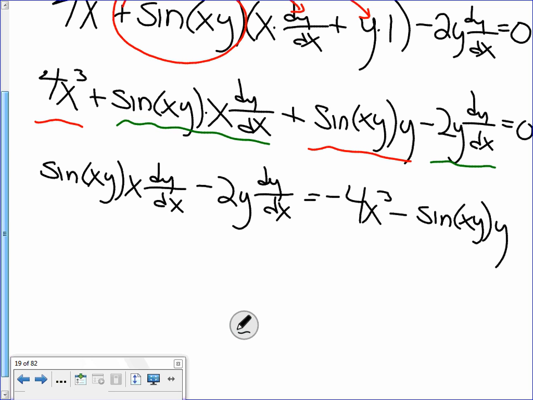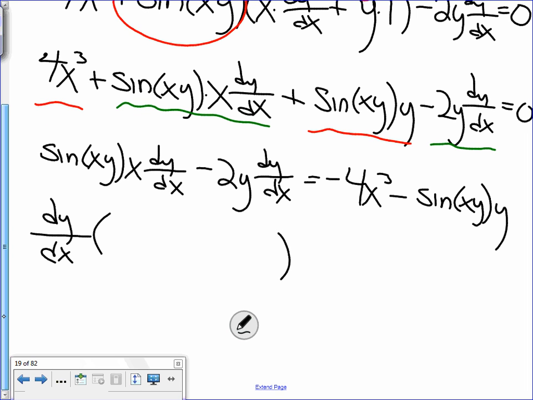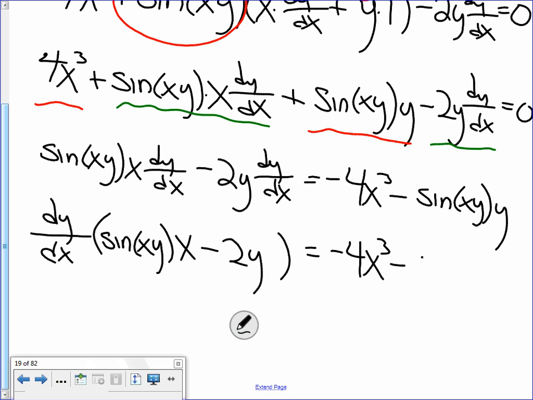Now on the left, because I only have dy dx terms, I can factor it out. If we factor out the dy dx, which is what we're looking for, what's the other factor going to be? The sine of xy times x, minus 2y. The other side we leave: negative 4x cubed minus the sine of xy times y.